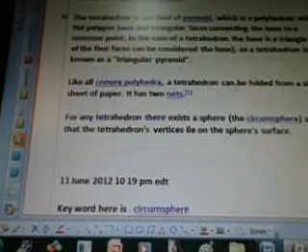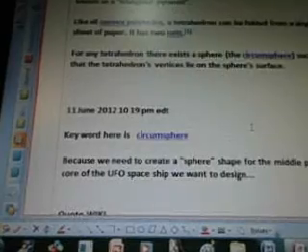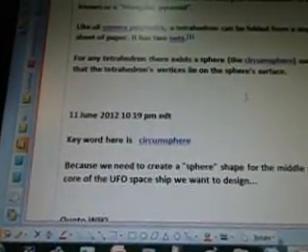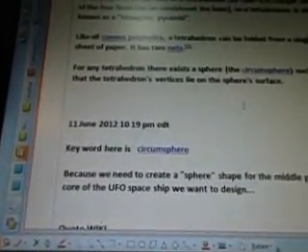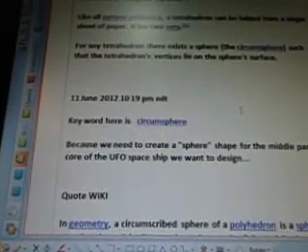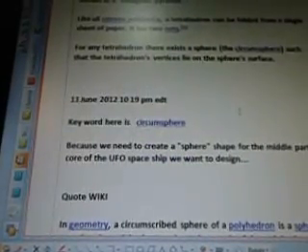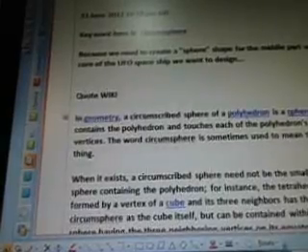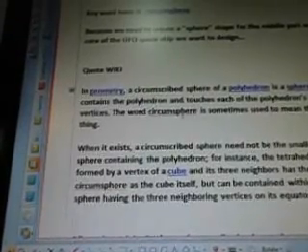Any of the 4 faces can be considered the base, so a tetrahedron is also known as a triangular pyramid. Like all convex polyhedra, a tetrahedron can be folded from a single sheet of paper. It has 2 nets. For any tetrahedron, there exists a sphere, the circumsphere, on whose surface the tetrahedron's vertices lie. June 11, 2012. Keyword here is circumsphere.